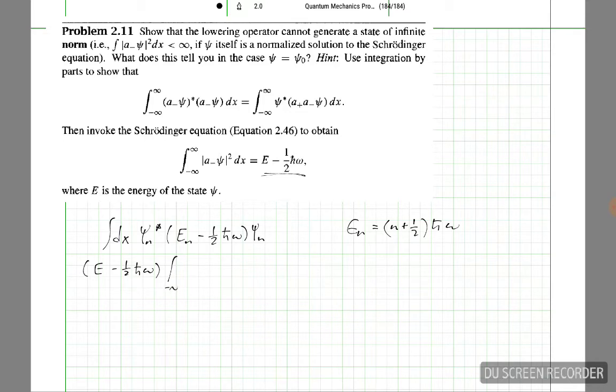And then what we're left with here is just our integral of absolute value of psi squared. But we know that this has to be a normalizable solution, so that's 1. So going back to our very first equation, we started with this, and now we know that it equals E minus h bar omega.